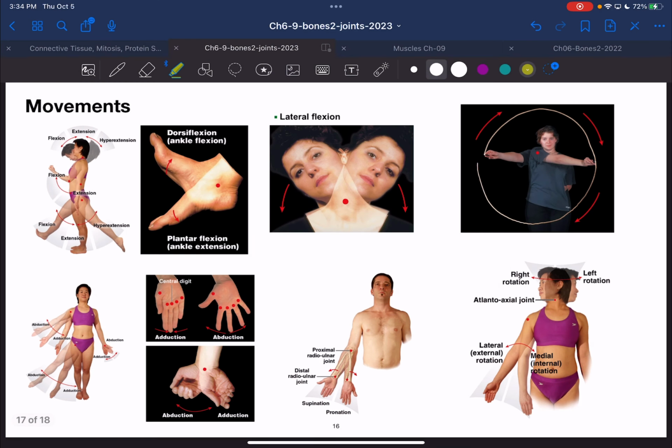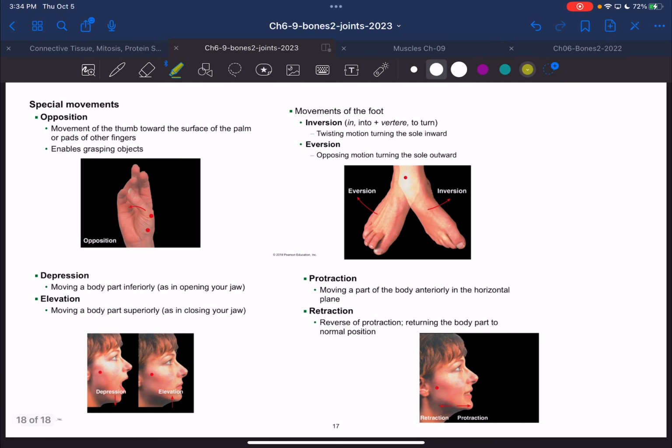Just our motions. And the motions, don't worry about it in your lecture exam.